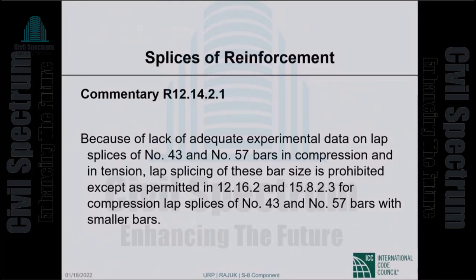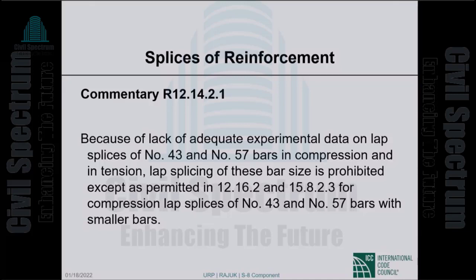Why no laps on the larger bars? Because of lack of adequate experimental data on lap splices on number 43 and number 57 bars in compression and tension, lap splicing of these bar sizes is prohibited, except as permitted in those two sections for compression lap splices of number 43 and number 57 bars with smaller bars.